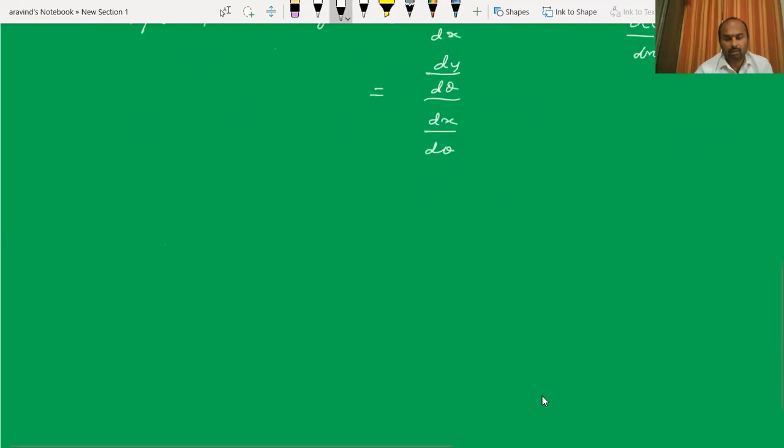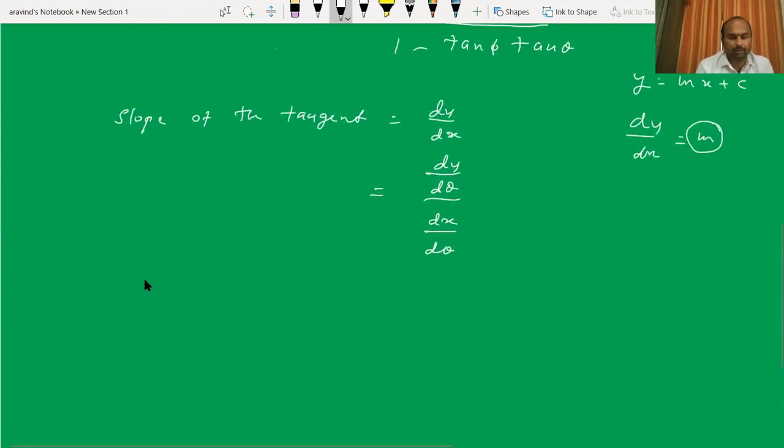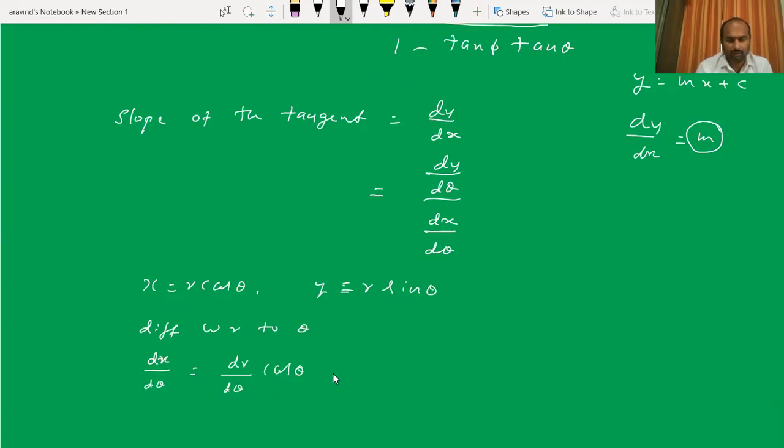So now I'll take up x and y. So x is equal to r cos theta and y is equal to r sin theta. So differentiate with respect to theta. So dx by d theta will be equal to dr by d theta into cos theta plus r into the derivative of cos theta, minus sin theta.